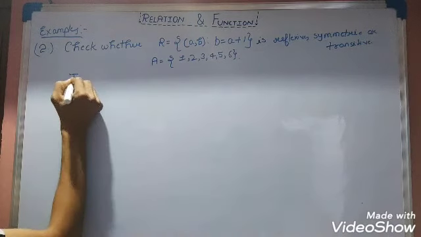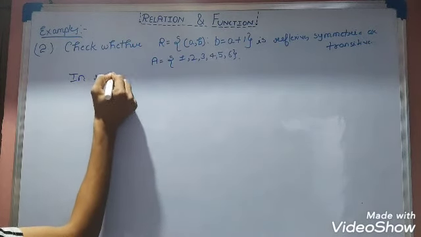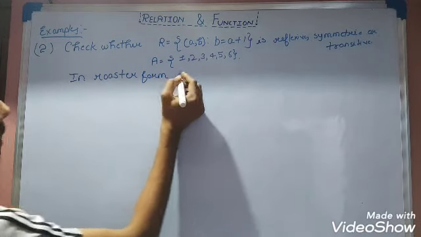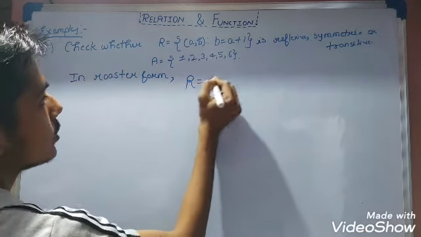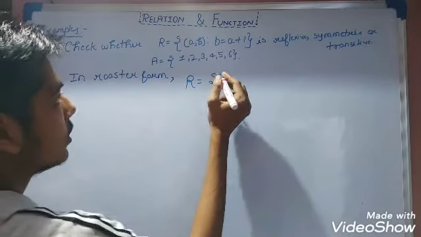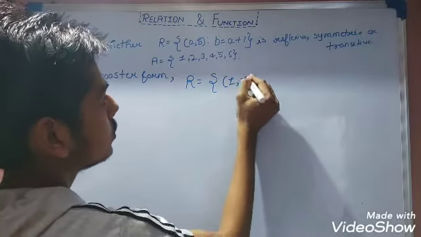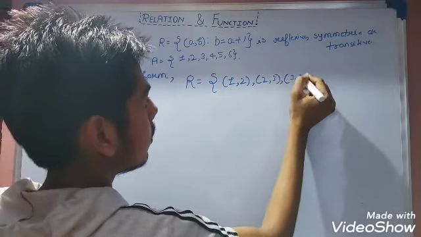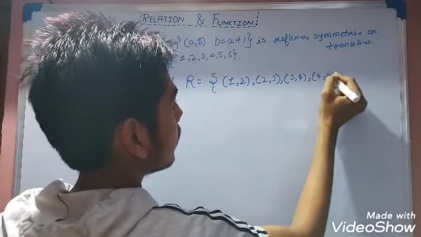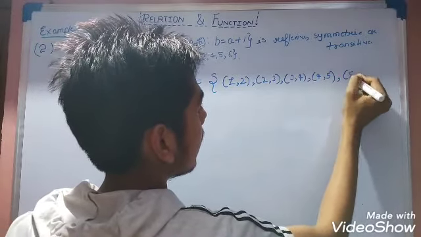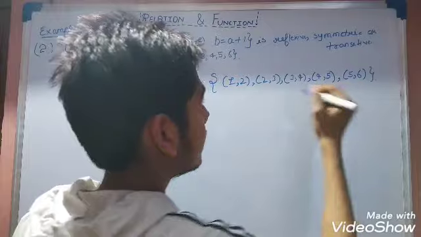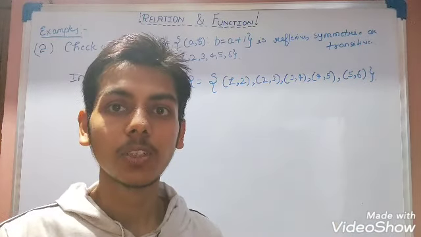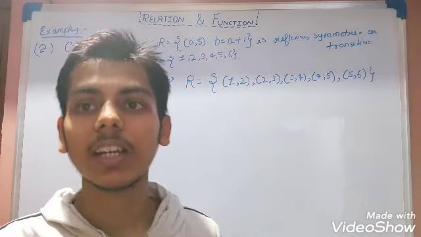In roster form, the relation R has all ordered pairs (1, 2), (2, 3), (3, 4), (4, 5) and (5, 6). These are all ordered pairs which are possible in the relation R.